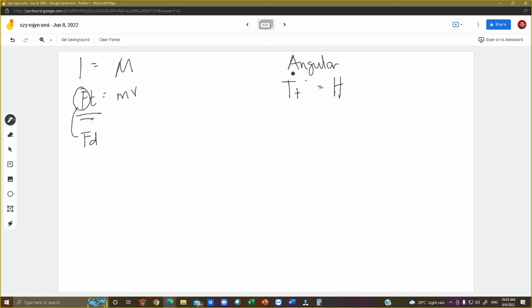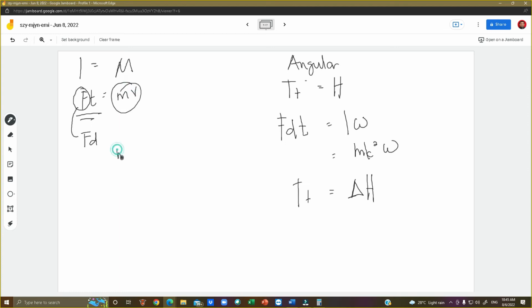Jadi angular impulse is F dt equals to angular momentum which is I omega ataupun mk square omega. Ini angular impulse. And angular impulse can also be determined by the change of angular momentum. Sama lah dengan ini.